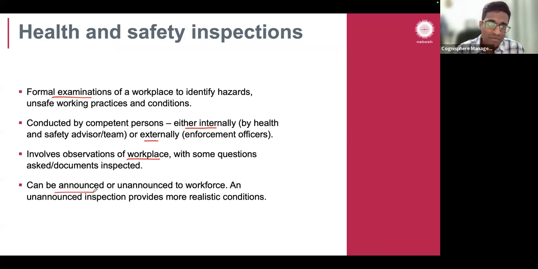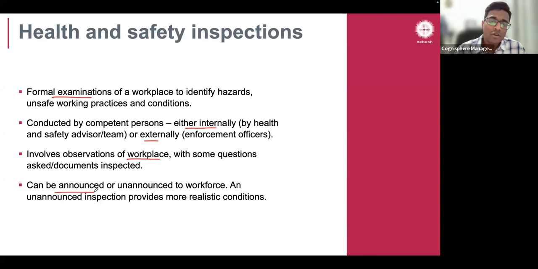So inspection can be a formal announced inspection, like for example, weekly inspection. So every week, for instance, on every Monday, there will be an inspection of the warehouse environment, or every quarter, every 3 months, there would be an inspection of the storage area.